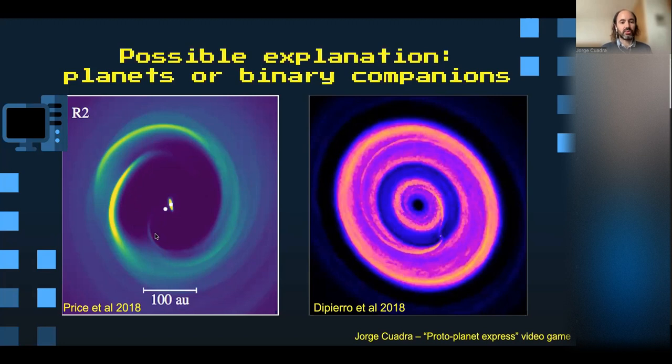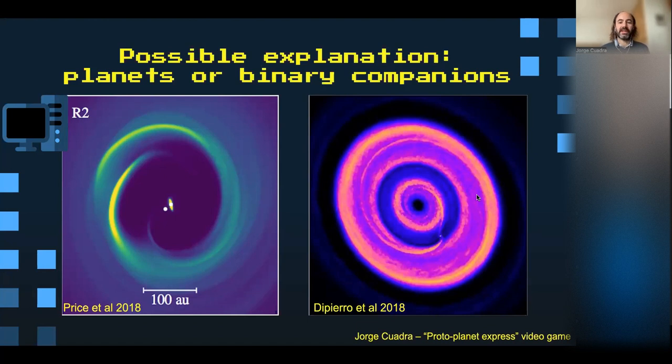So together they manage to clear up a large cavity in the inner part, and also to drive all this spiral structure that you can see here in the image. A planet can do similar things, although typically the structures they create are smaller. So for example, here you see that the spiral is less prominent, and rather than a large cavity, there's a narrower gap.